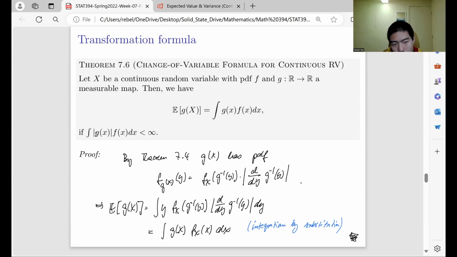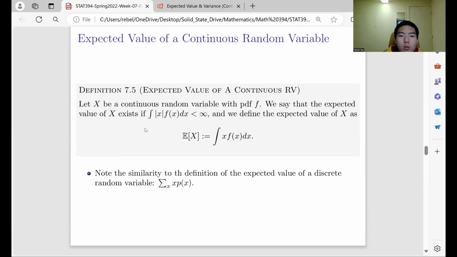And it has one prerequisite. If we want to calculate this expected value, we must make sure this one is absolutely convergent, which is like taking the absolute value of x times the PDF f(x), and it is finite, it is bounded.